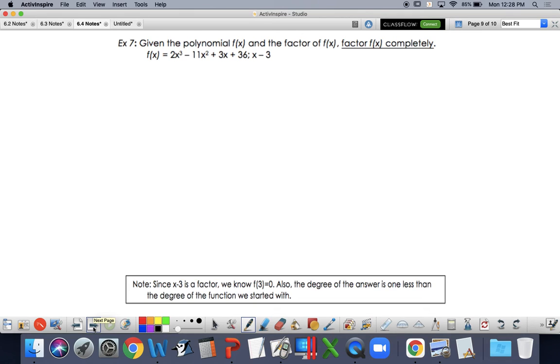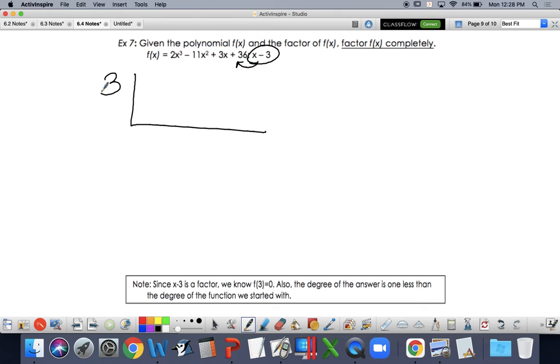We're dividing by x minus 3. I want to figure out if I get a remainder of 0. Probably you realize at this point we should get a remainder of 0. I'm going to divide my polynomial by x minus 3, which means I will have a positive 3 on the outside.